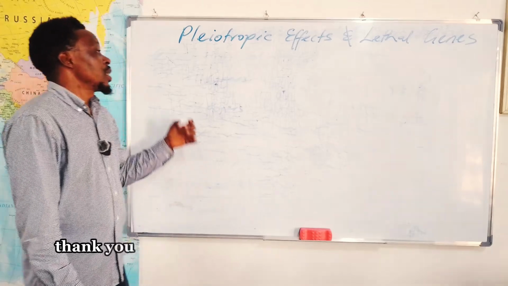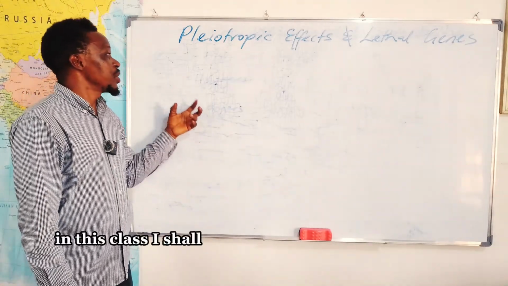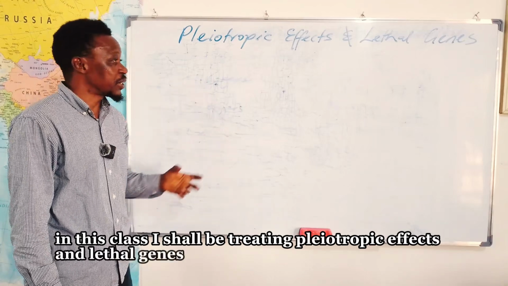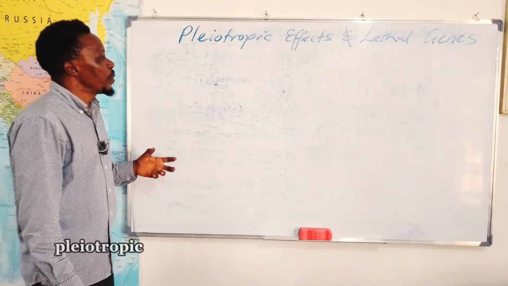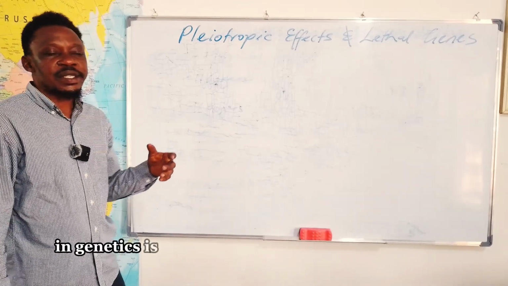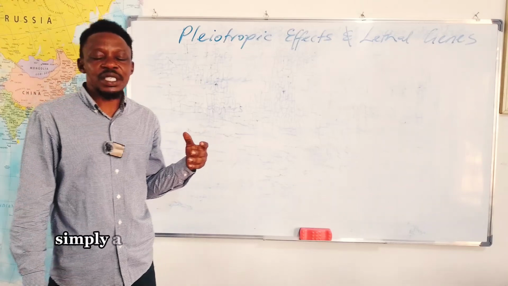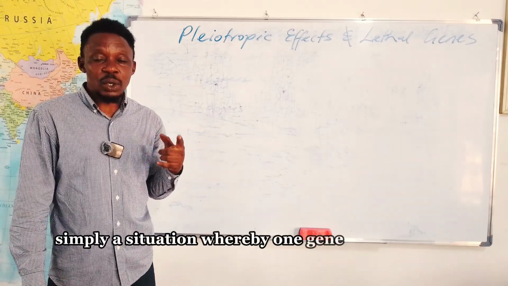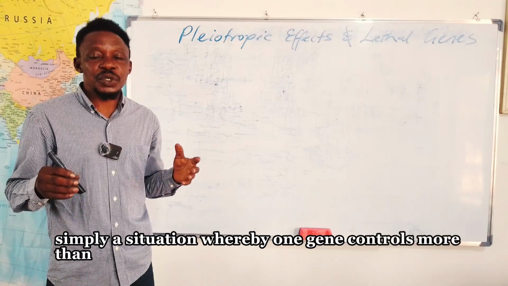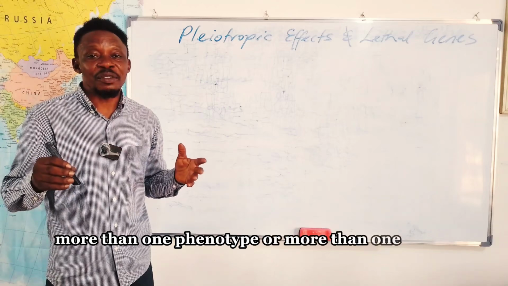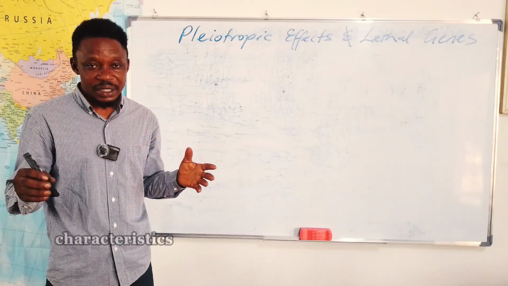Thank you. In this class, I shall be treating pleiotropic effects and lethal genes. Pleiotropic effects, or pleiotropy in genetics, is simply a situation whereby one gene controls more than one phenotype or phenotypic characteristic.